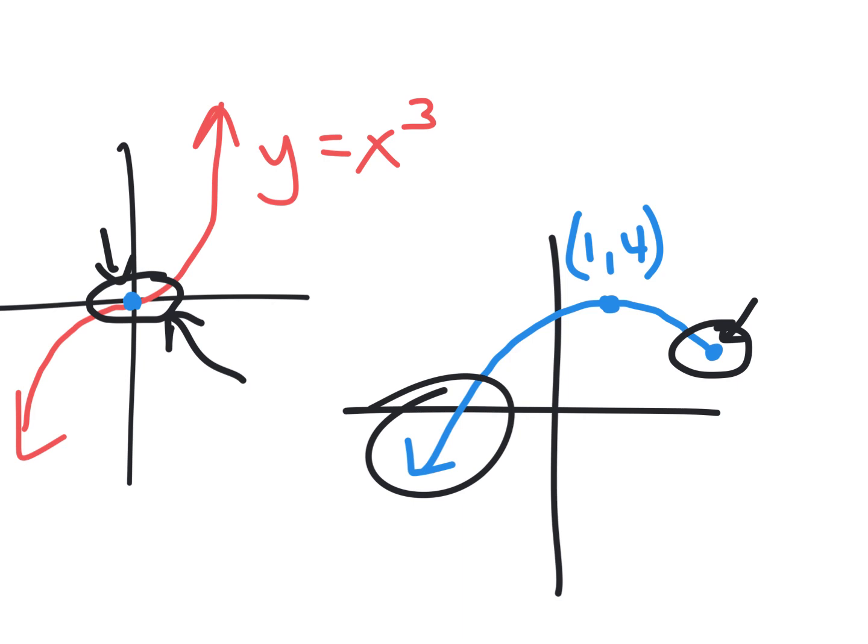No, it is not, because there are spots nearby that are lower than it. Is this a local min? Yes, because there are no other spots that are lower. It's the lowest that's near it. So on those weird ones, you have to know the definitions, the really fine points. Okay, so that's about mins and maxes.